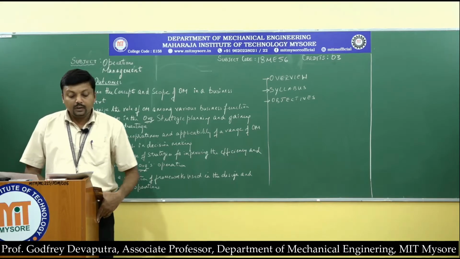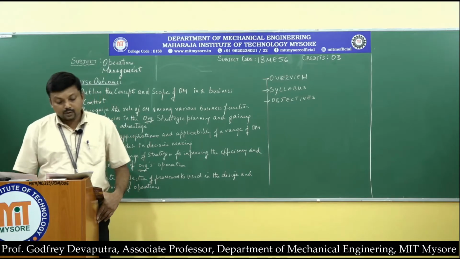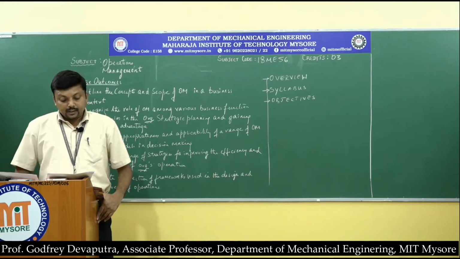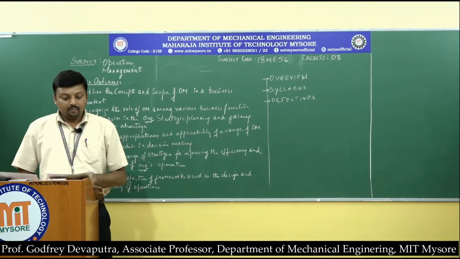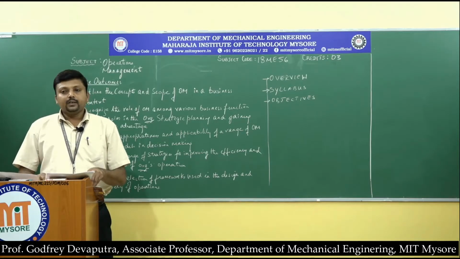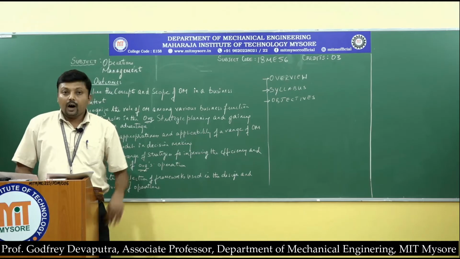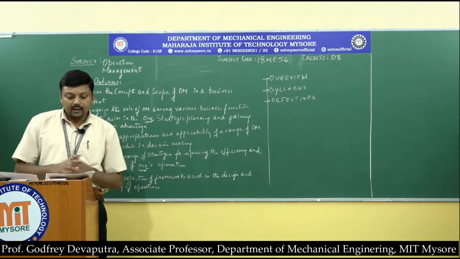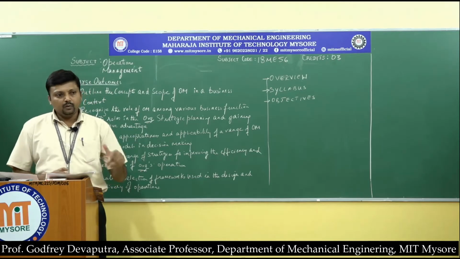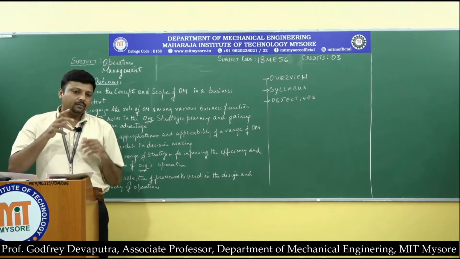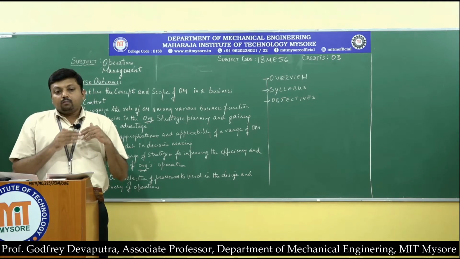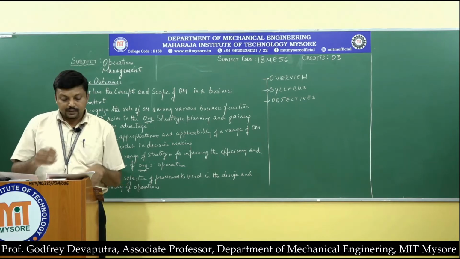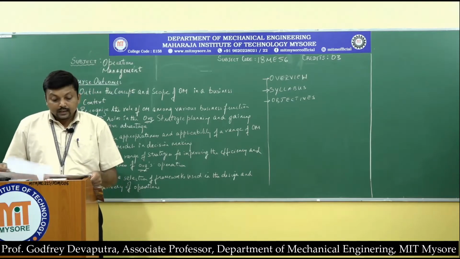In module number 4, the student is supposed to study the various aspects of aggregate planning and master scheduling, and then in the final module, module number 5, the student is expected to study how material procurement takes place in an organization through material requirement planning, as well as how goods move from one step to the next in the form of supply chain management.